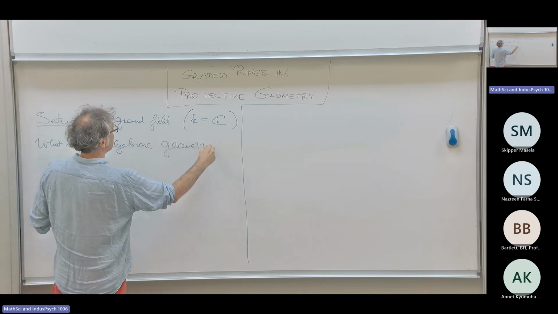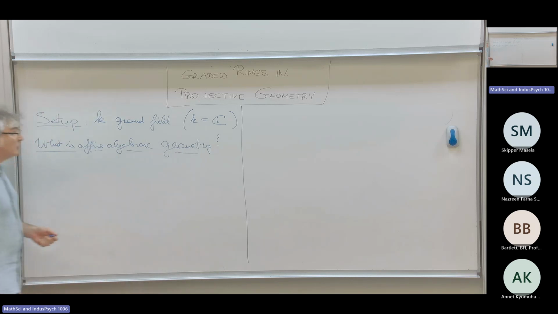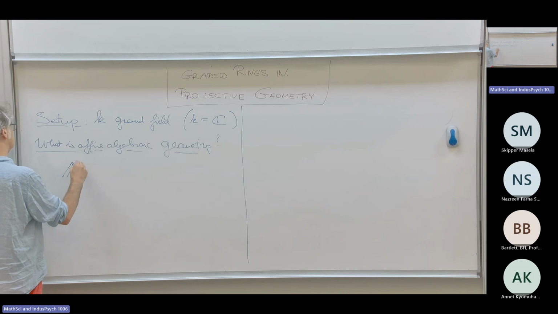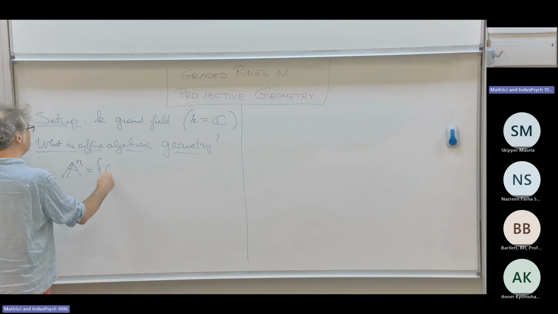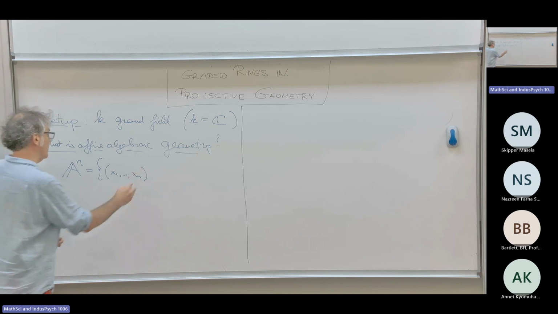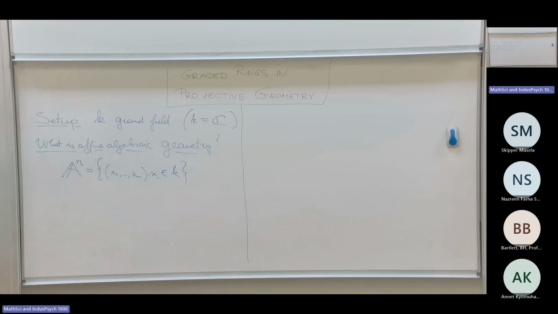So affine algebraic geometry is the following setup. I think that will be familiar to many people. So I'm going to decide what dimension I live in. So I'm going to be considering the affine space, say affine space A^n. This is simply the set of n-tuples of elements in the field.